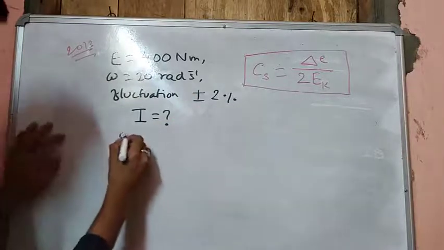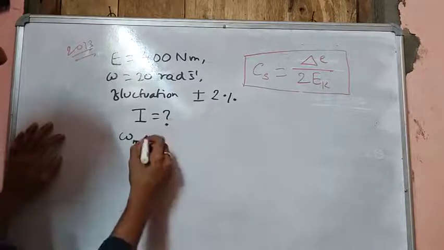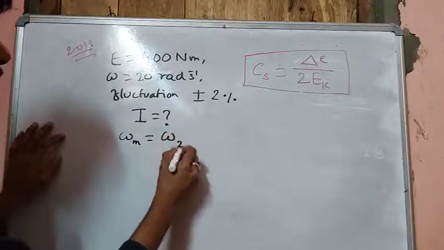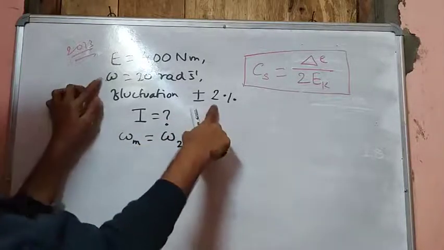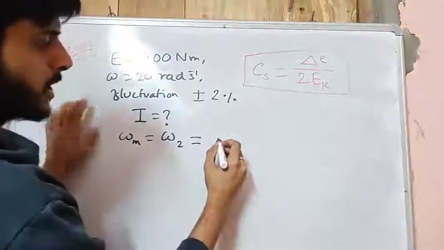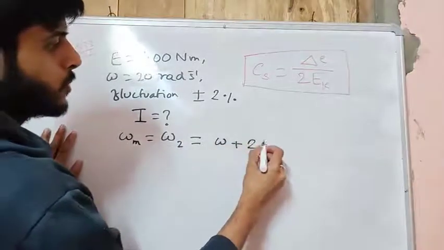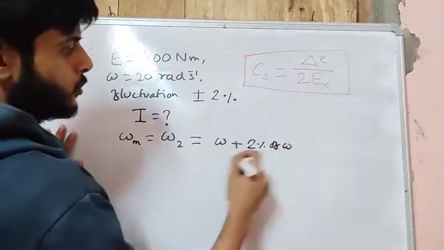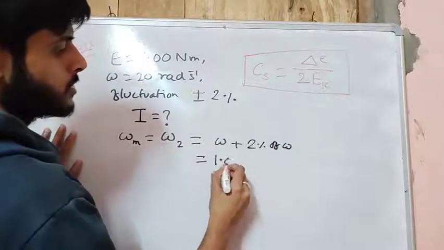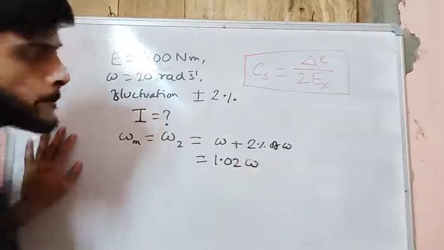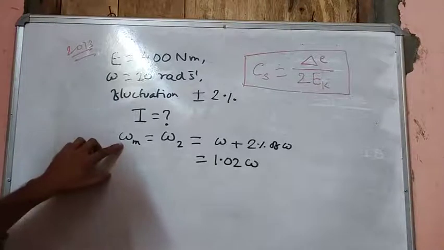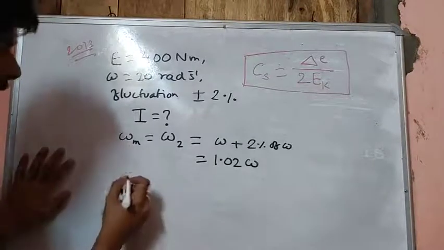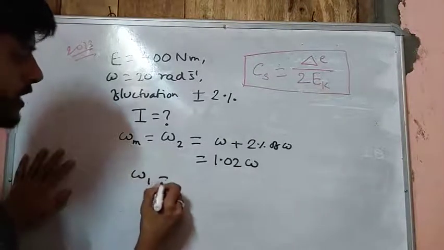So omega max, or according to our convention omega 2, is equal to omega plus 2% of omega, which is nothing but 1.02 times omega. What is omega minimum, which is omega 1 in our case?